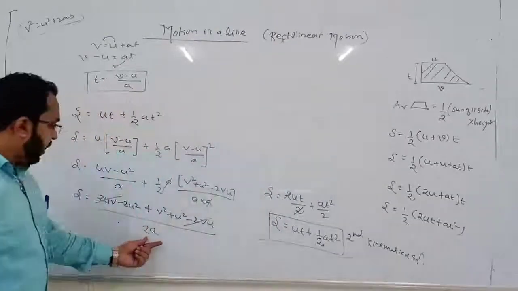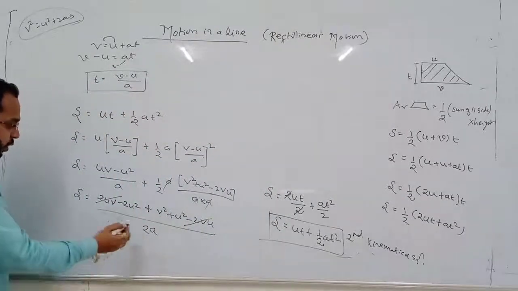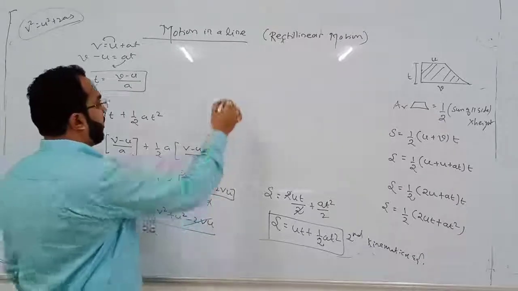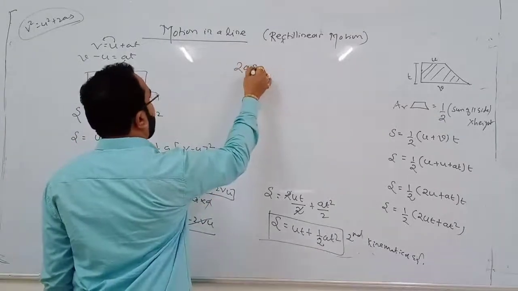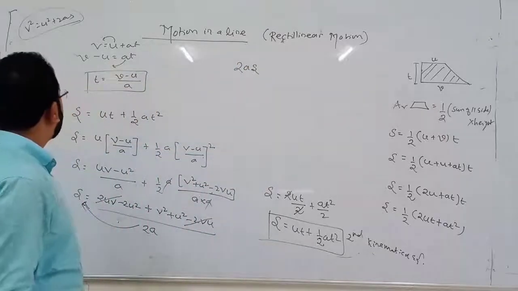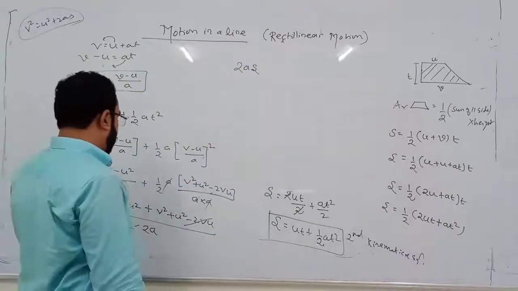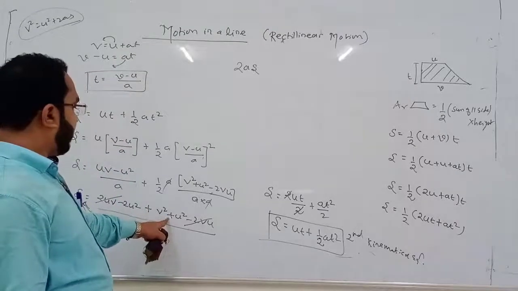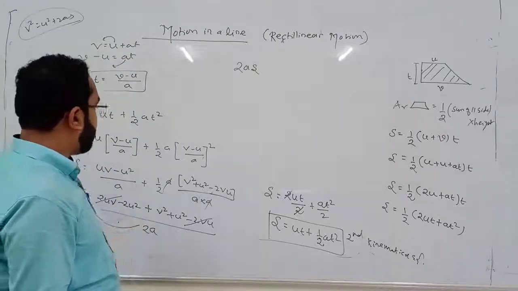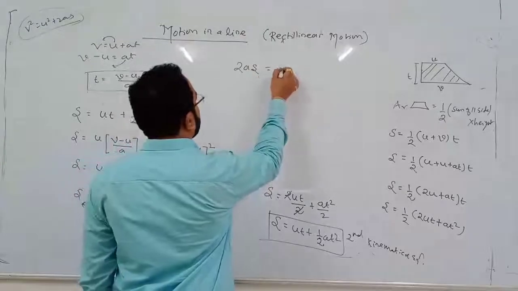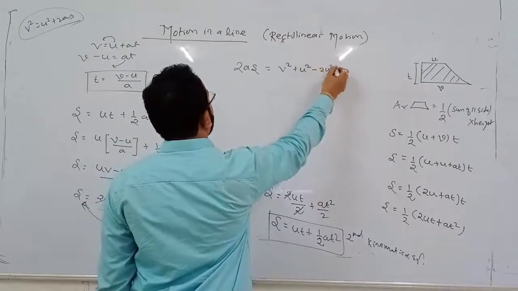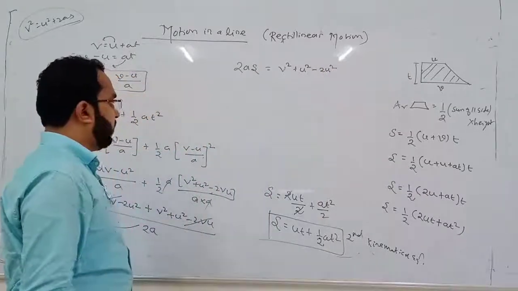Now this 2a which is in the denominator comes this side in the numerator, so it will become 2as is equal to v square plus u square minus 2u square. बरोबर ना?